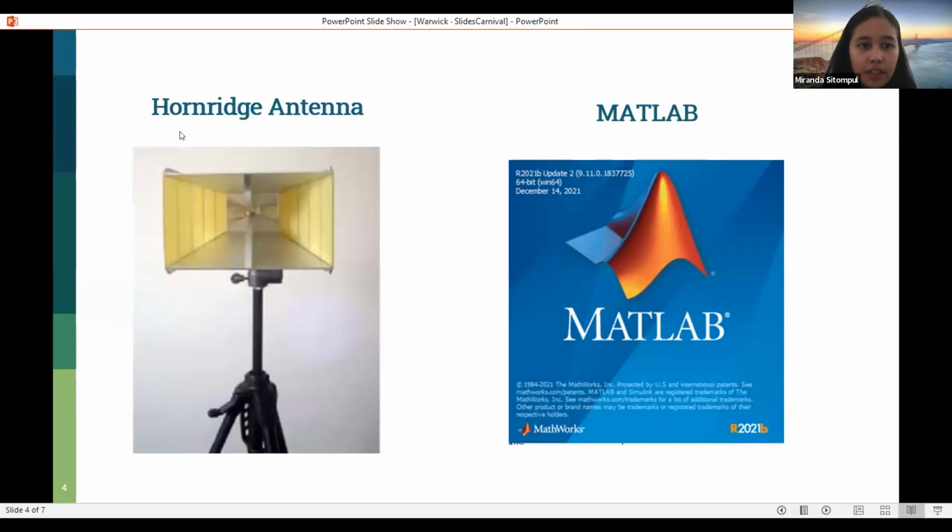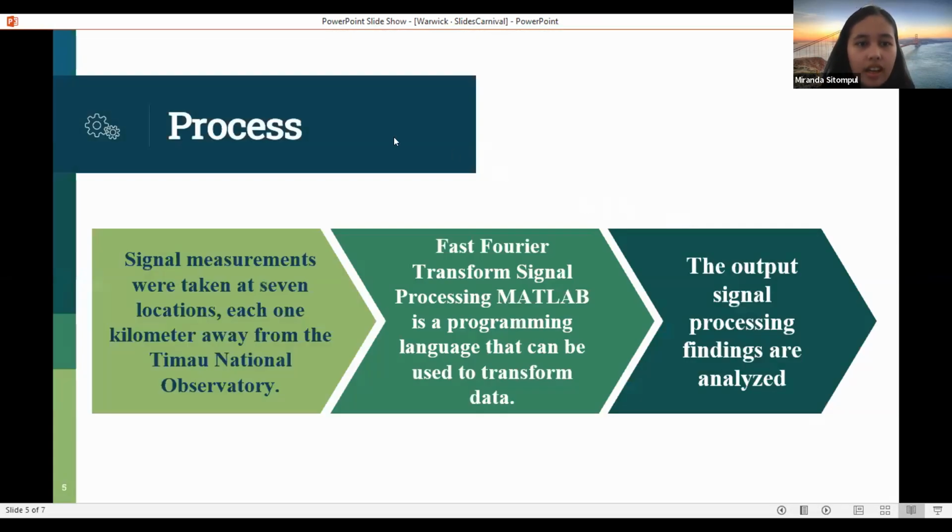This is the picture of the Hornridge antenna, and this is the program language that I use to process the signal. The process is, first, signal measurements were taken at 7 locations, 1 kilometer away from the Timor National Observatorium.